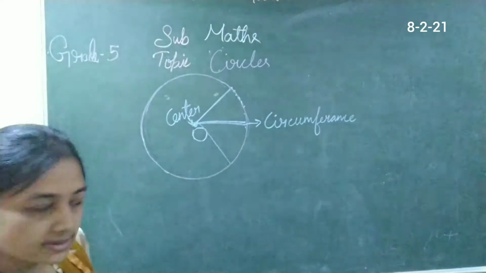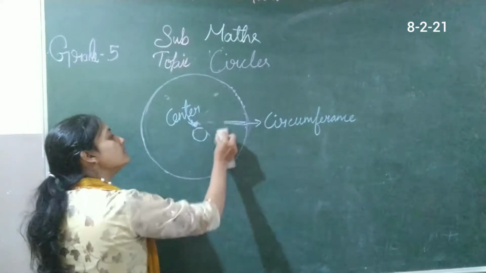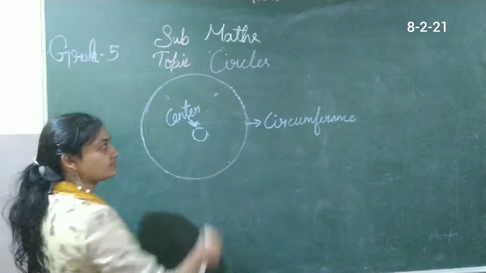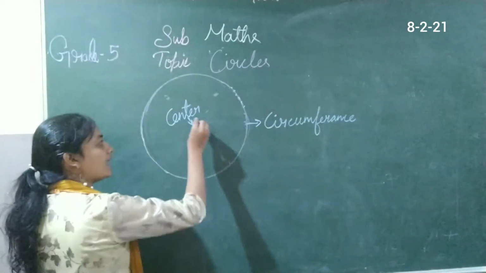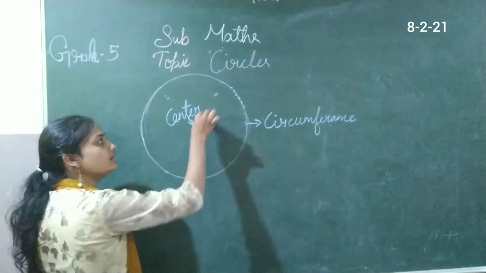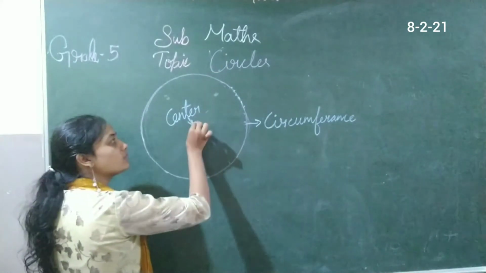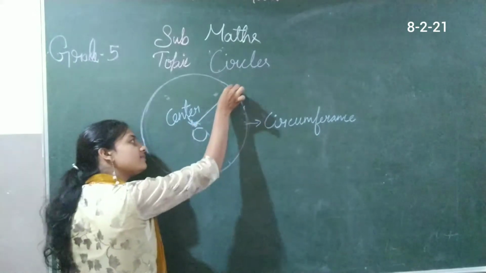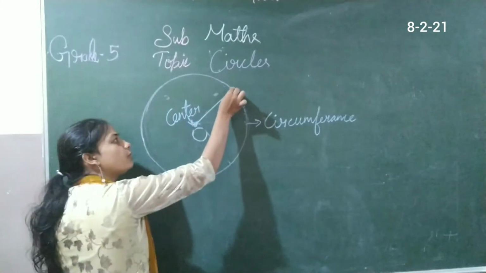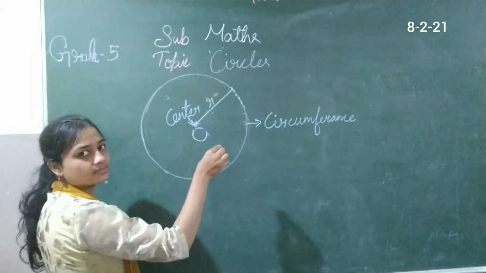After this, you have to learn about the radius. Any line joining the center to any point on the circumference is called a radius. See, I am going to join a line from the center to this point on the circumference. This is called a radius.